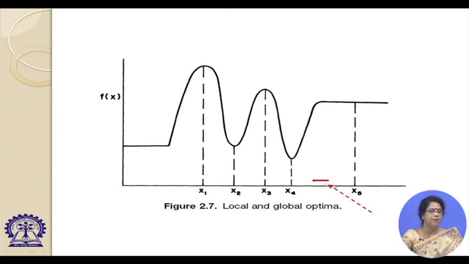I can jump from here to here, or even further, and then I will miss the optimal point. That is why you need to decide two things: from where I will start on the real line, and how long shall I move so that I won't miss the optimal point. I will get the solution exactly, even if it is local.